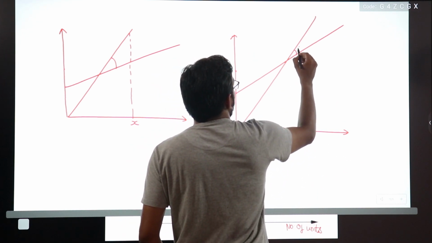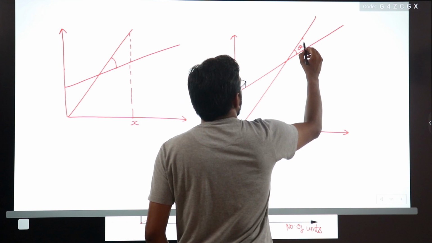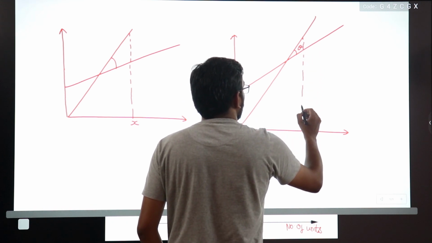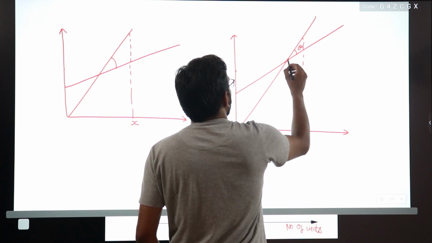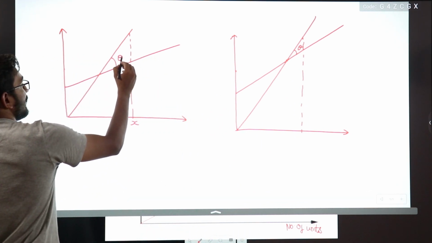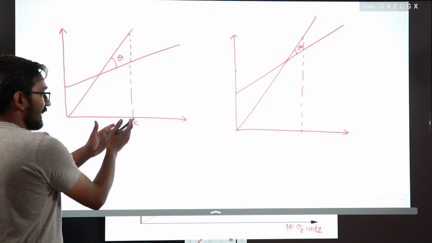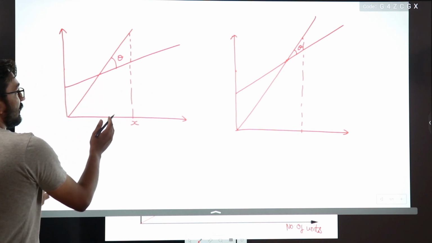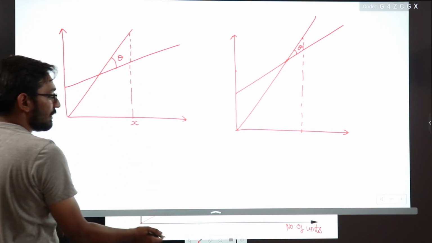So this angle theta is less. So at a particular x more than the break even point, the profit will be less, right? If this theta is more, then at a given x more than the break even point, the profit will be more.